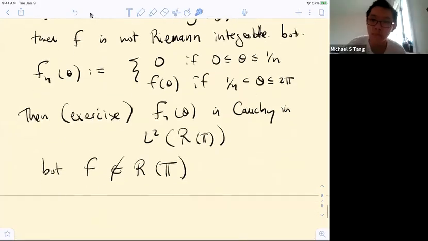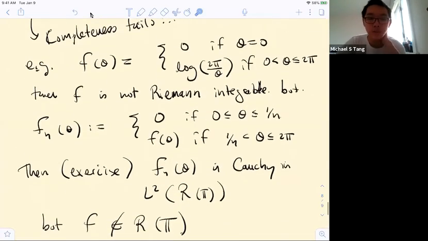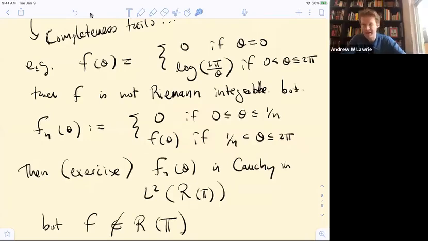Quick question about that. I guess it's pretty clear to me that if the f_n's converge at all, if they converge pointwise, then they converge to f. But I thought we were talking about if the f_n's converge in L2 to f, which is a little different. Yeah, it is different, but I want you to flesh this out in your homework a bit.